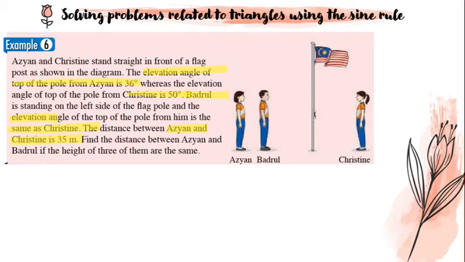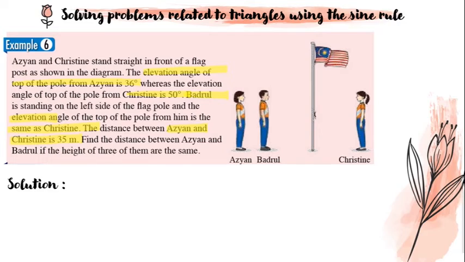Find the distance between Azian and Badrul if the heights of the three of them are the same. If you want to solve this, you have to use the sine rule, so you need to draw a triangle before you solve using the sine rule.